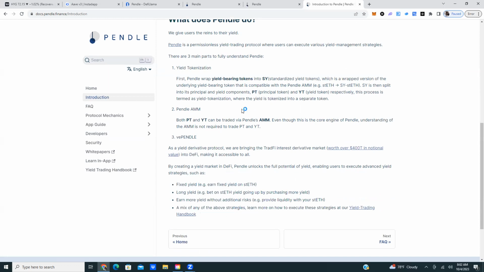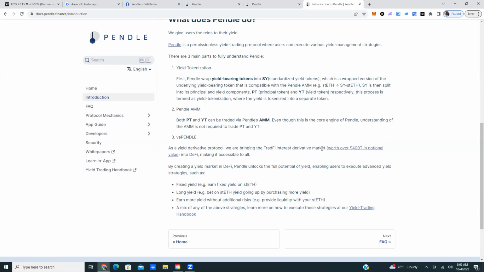Pendle AMM. Both PT and YT can be traded via Pendle's AMM, which is the core engine of Pendle. Understanding of the AMM is not required to trade PT and YT. Pendle as a yield derivative protocol: we are bringing the TradFi interest derivative market worth over 400 trillion in notional value into DeFi, making it accessible to all.